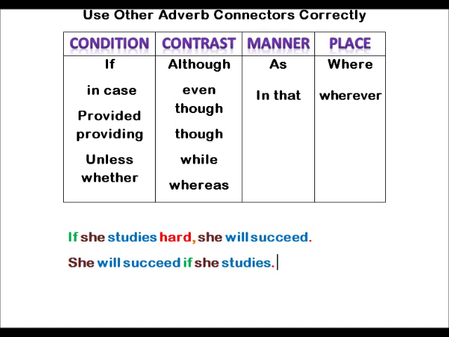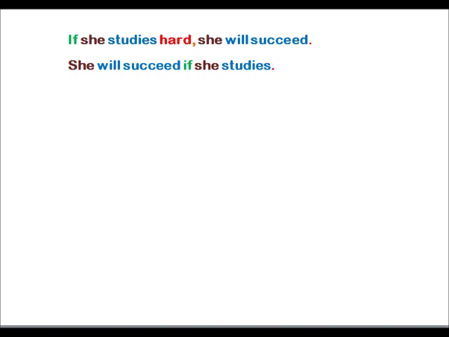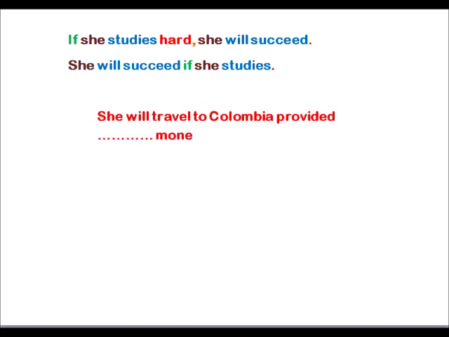Okay, fantastic. Now let's see how we can be asked about that in a TOEFL test. Let's see this sentence here, and it's going to be a multiple choice question. She will travel to Colombia provided, and then we have a gap and then money.